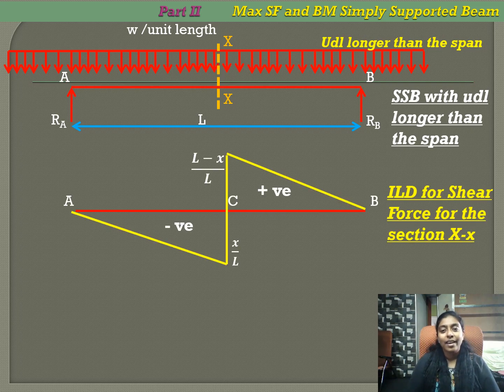The influence line diagram for the shear force for the simply supported beam is the same as we saw in the last sections.